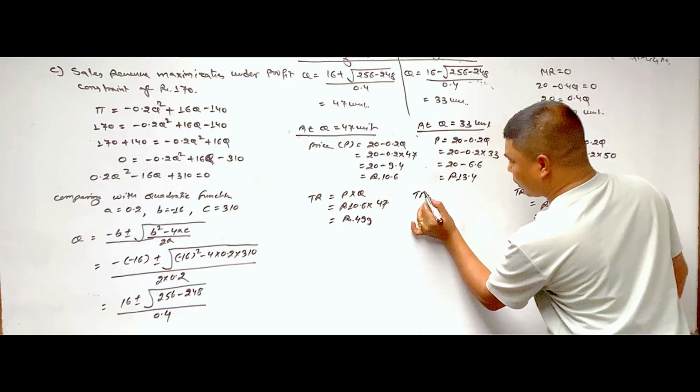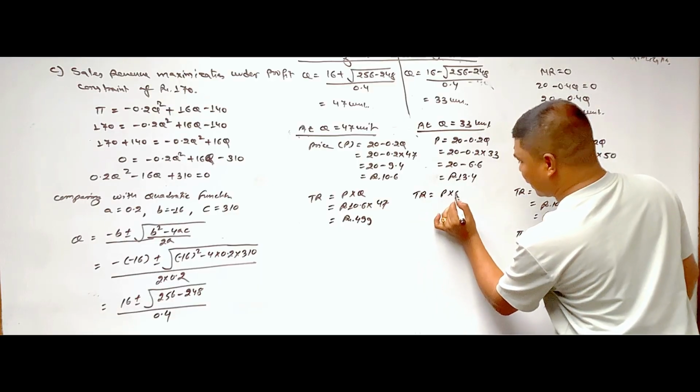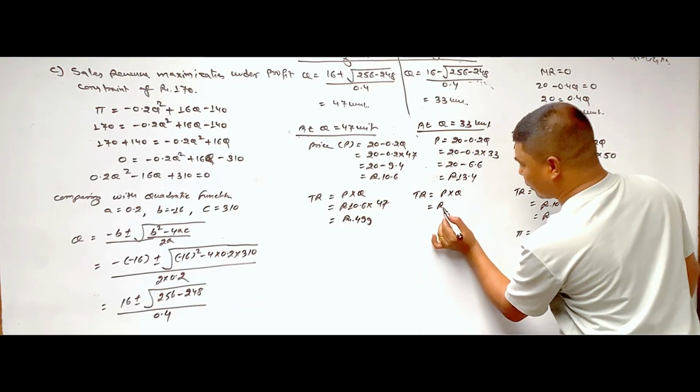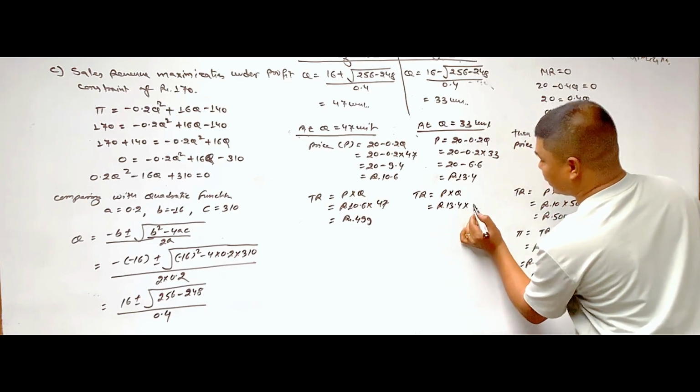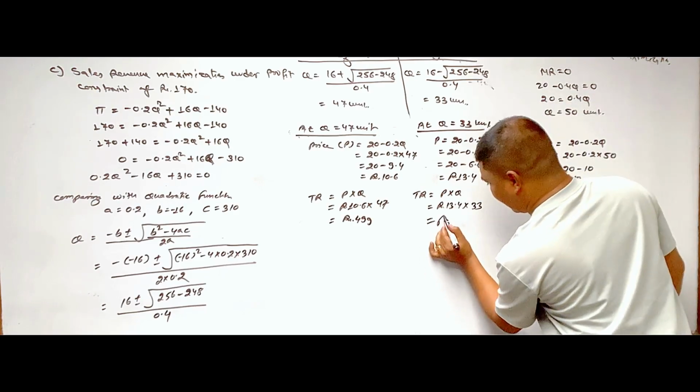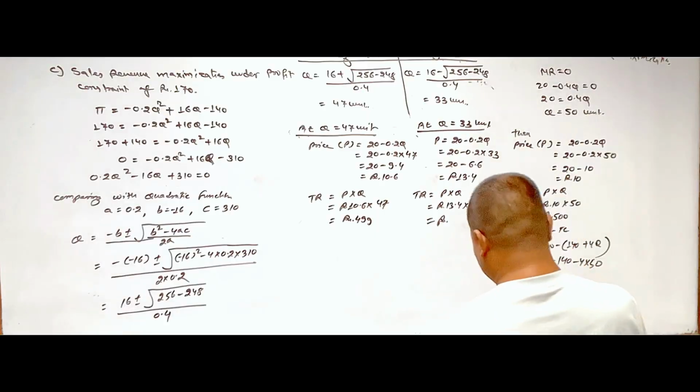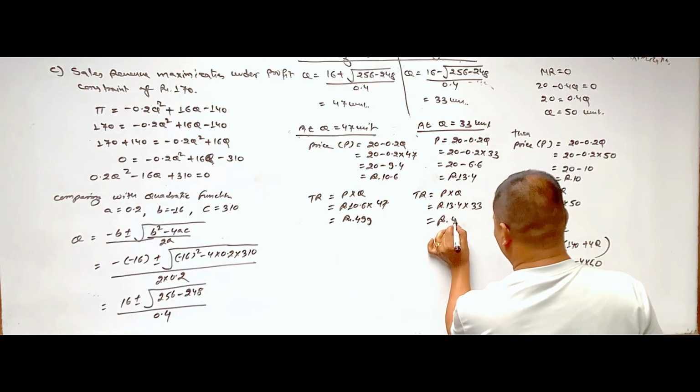Then total revenue is price multiplied by q. Price is rupees 13.4 and quantity is 33 units. Then total revenue will be approximately rupees 438.